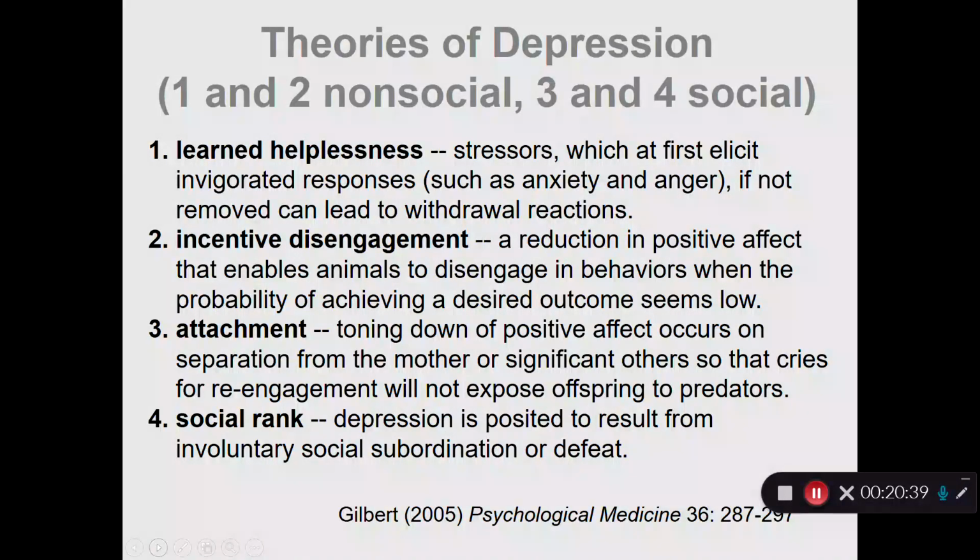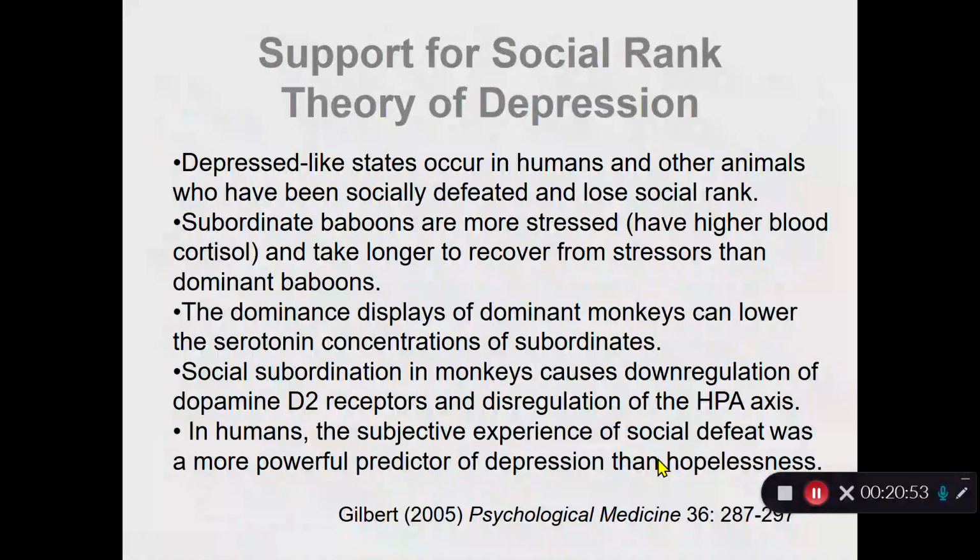Finally, and most important, is the social rank theory, which says that depression is posited to result from involuntary social subordination or defeat. What is the evidence for the social rank theory? Well, depressed-like states occur in humans and other animals who have been socially defeated and lose social rank.